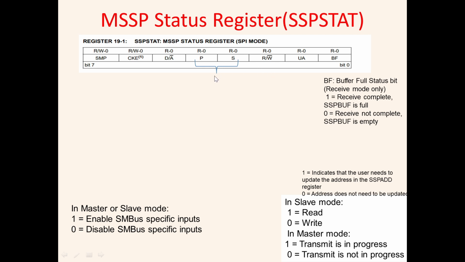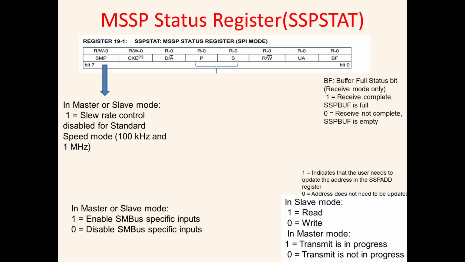First is the SMP bit, which is the master or slave mode slew rate control. It is a configuration setting for the speed of communication between master and slave. With standard speed, the communication speed is nearly 100 kilohertz to 1 megahertz, whereas if you provide this as 0, the speed becomes 400 kilohertz.